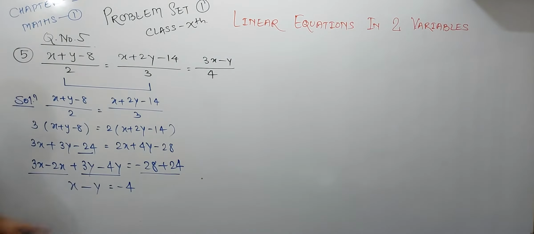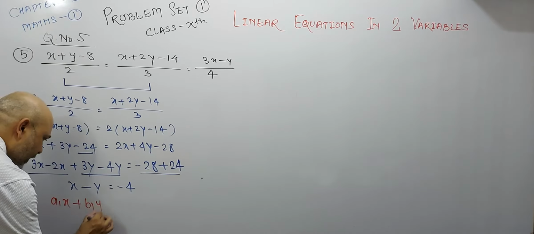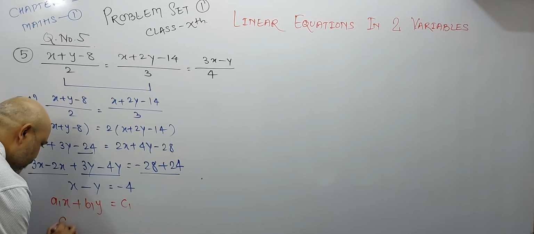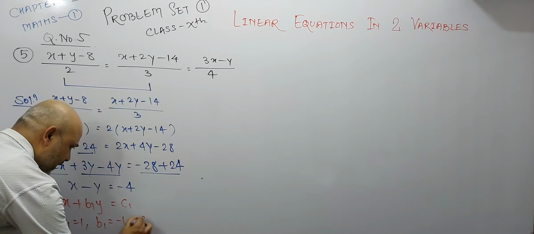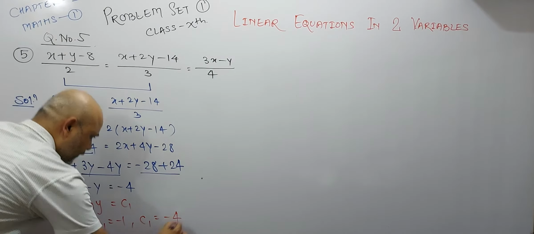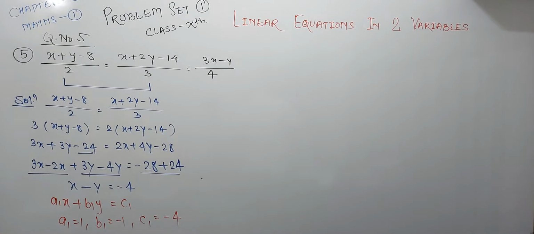Okay, this will be the first equation, and you will compare this with our general form, that is a1x plus b1y is equal to c1. So a1 is equal to 1, b1 is equal to minus 1, and c1 is equal to minus 4.